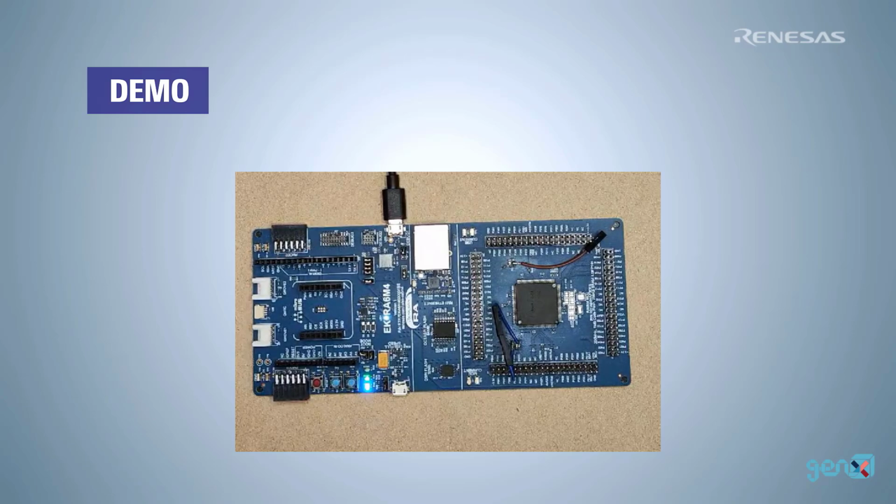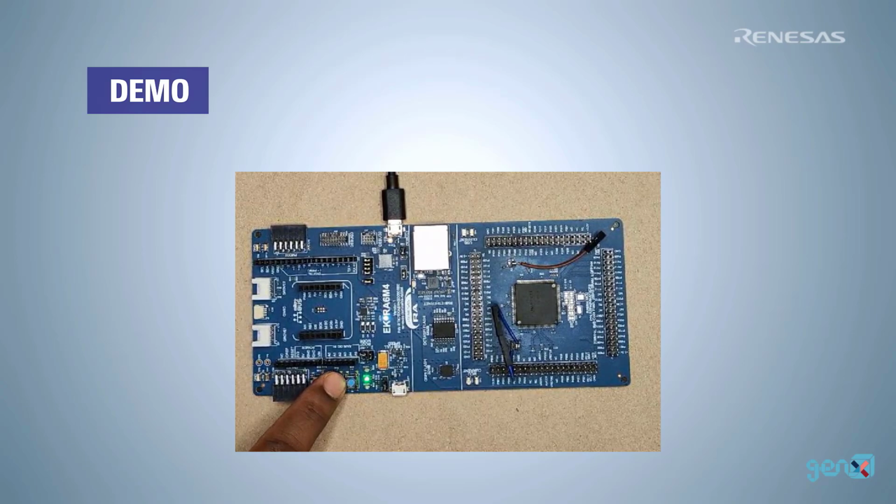Pressing S1 lights up LED2 that acknowledges that the pin config has been changed. And we can also see that the LED1 has started blinking. We can now turn the blink pattern on and off by pressing S2. So that's a short demo on how we can work with GPIO pins on an Arm MCU.